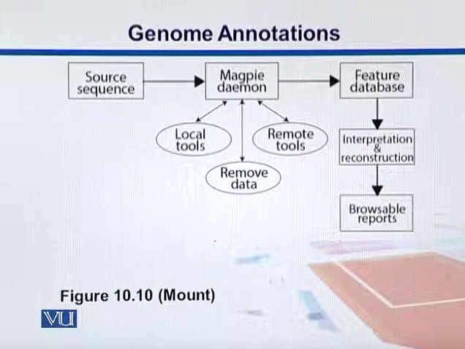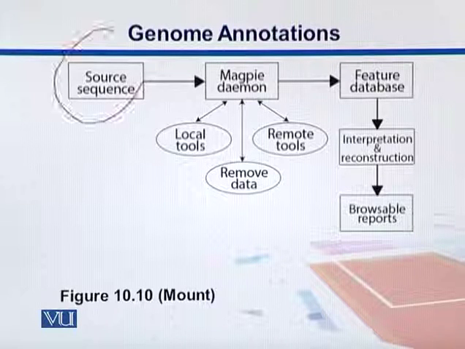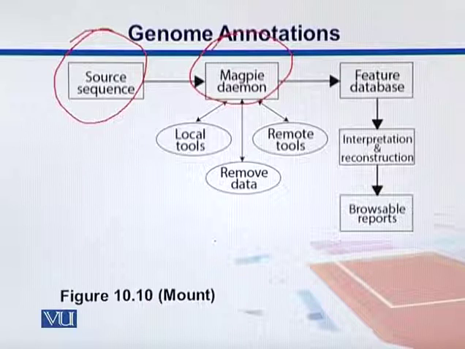So here we have an outline that is kind of a workflow of how MAGPIE works. So we take some source sequence and we give it to some software program. We call it as MAGPIE daemon. So it takes the sequences which are added to the databases.